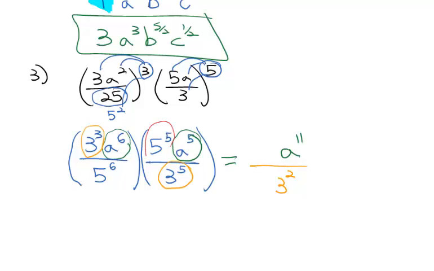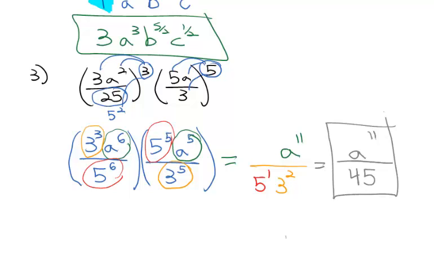Similarly with the 5's, we've got 5th power minus 6th power is 5 to the negative 1 power. The negative says move it down to the denominator. And so when we simplify, our numerator is a to the 11th. Our denominator is 5 times 3 squared, or 5 times 9, is 45. And we have our solution.